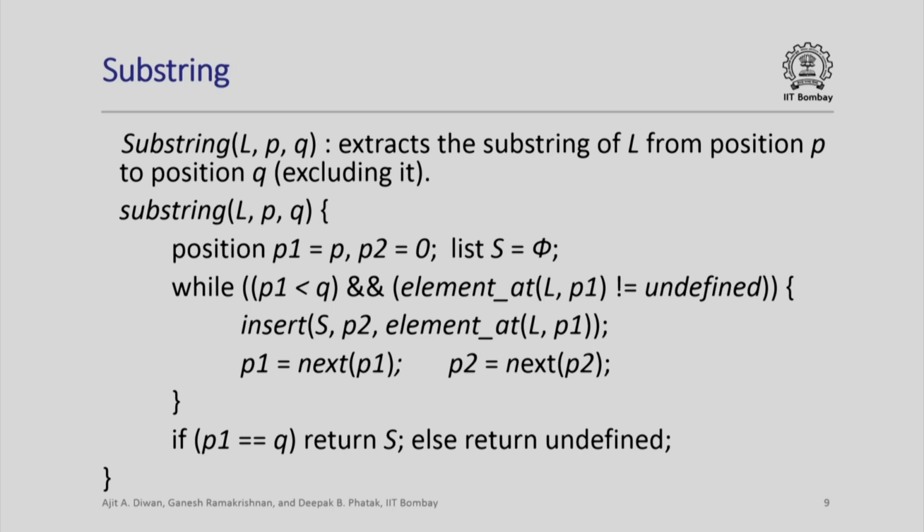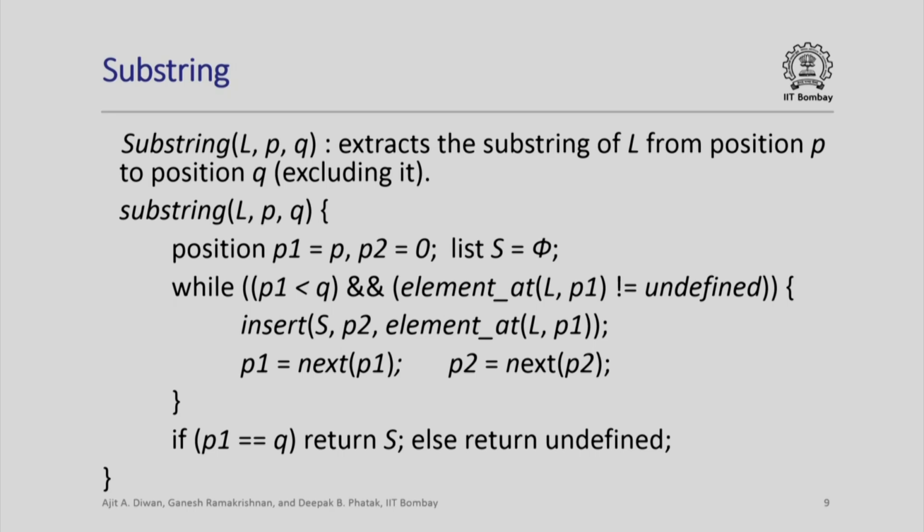We set a list S equal to the empty list, and while the position P1 is less than Q and element at L P1 is not undefined, there exists an element in L at position P1, we insert in S at position P2 whatever that element in L was at position P1, then increment P1 and increment P2 as well.